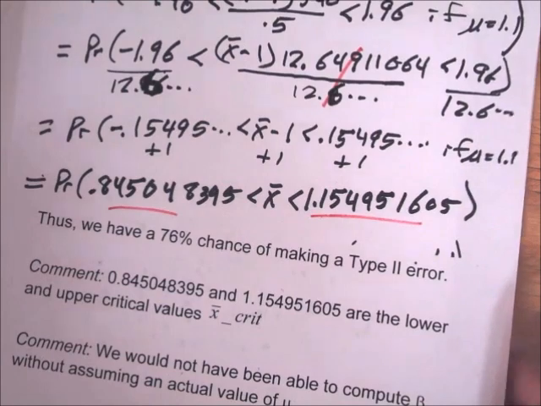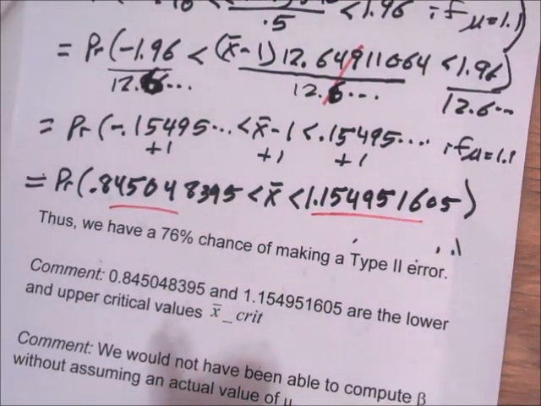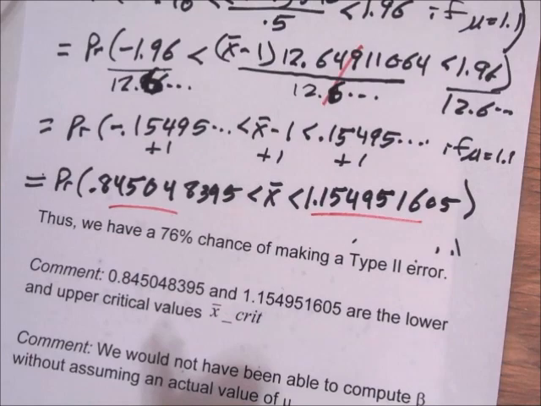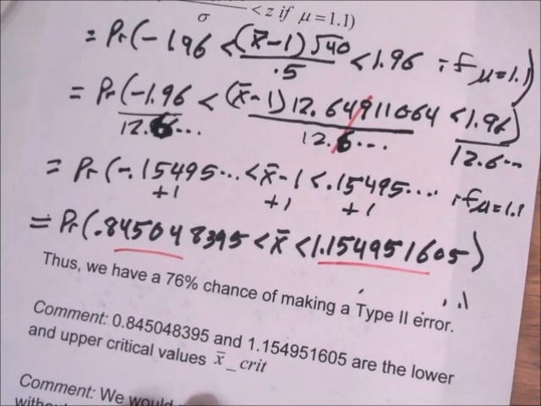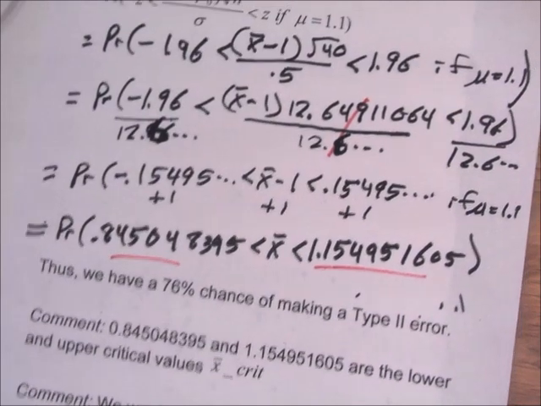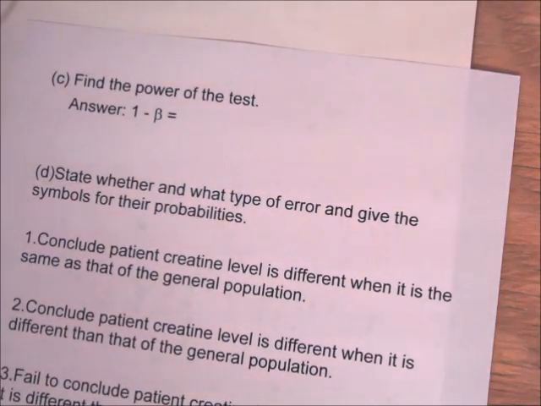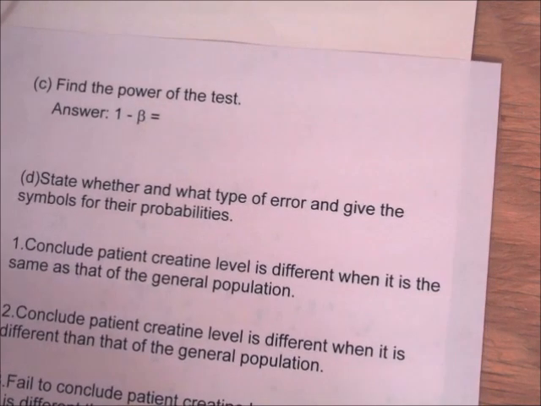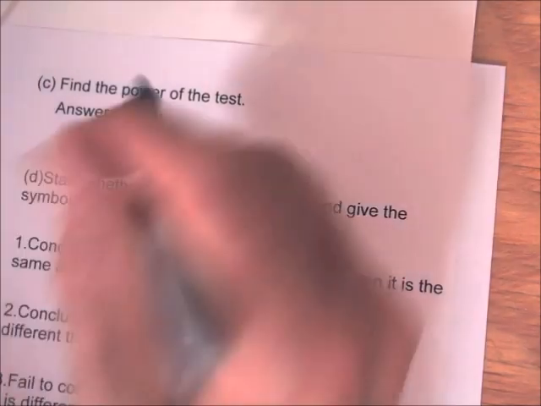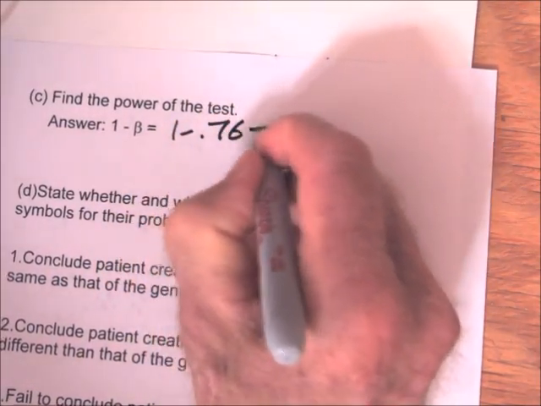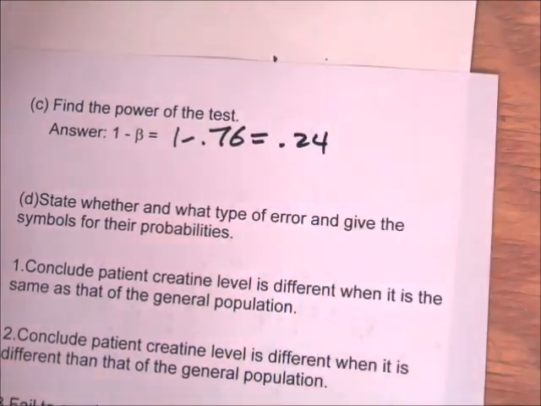And then we can also compute the power of the test. Power is 1 minus beta. So it's going to be approximately 1 minus 0.76, or about 0.24 would be our power.